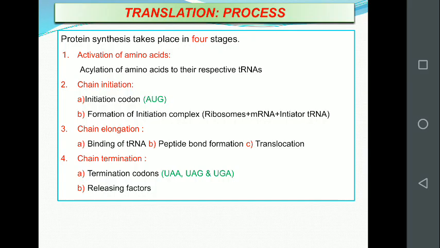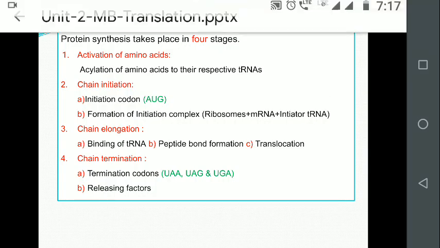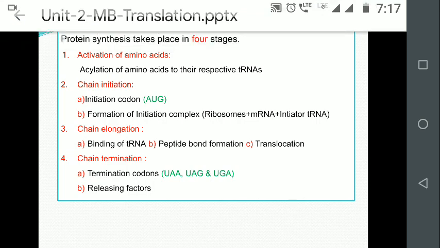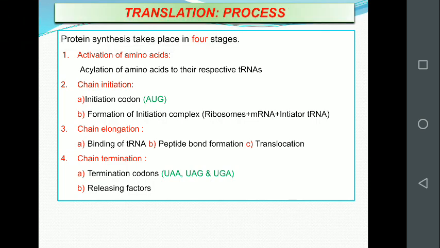Okay, so that is about the genetic code, and the next topic is the translation process. Translation is nothing but protein synthesis. So from mRNA, the protein will be synthesized.